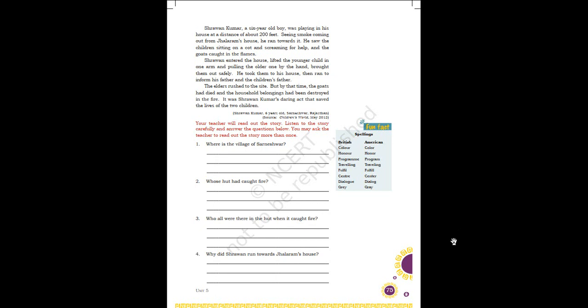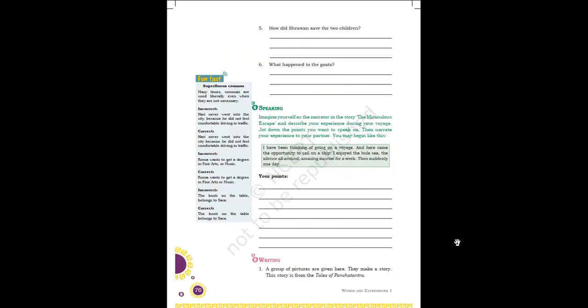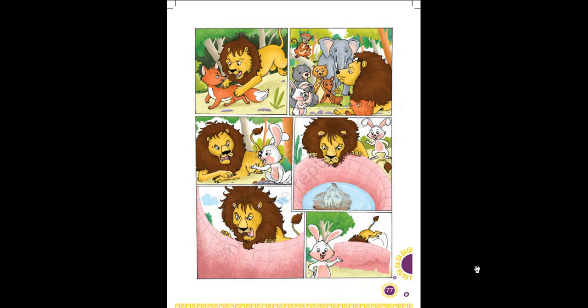Next, page number 76. On page number 76, you can see a group of pictures given here. They make the story. The story is from Tales of Panchatantra. It's there in your textbook, children, your workbook. So what are you supposed to do here?